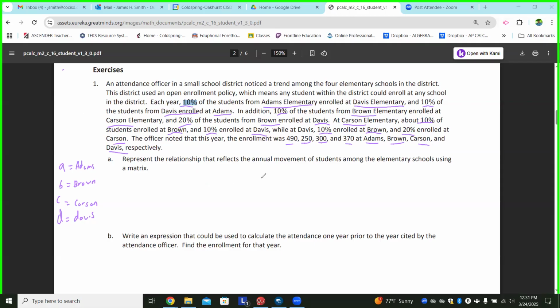If the first equation is going to represent Adams, this will equal 490, 250, 300, 370.